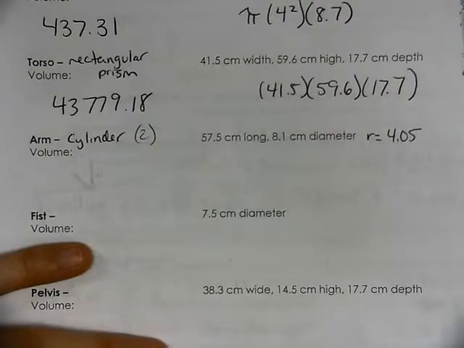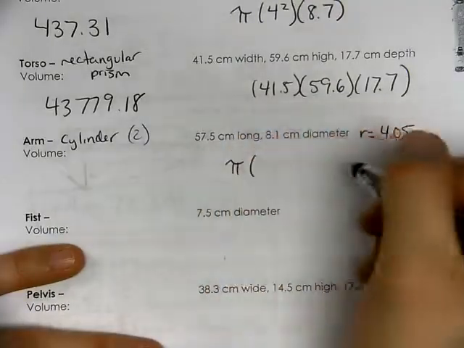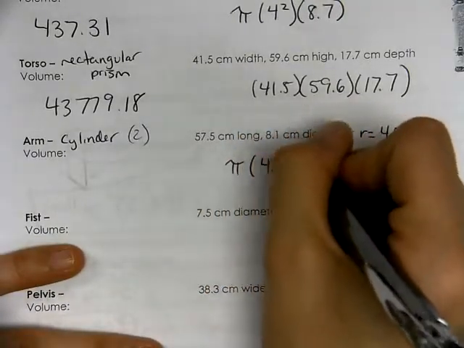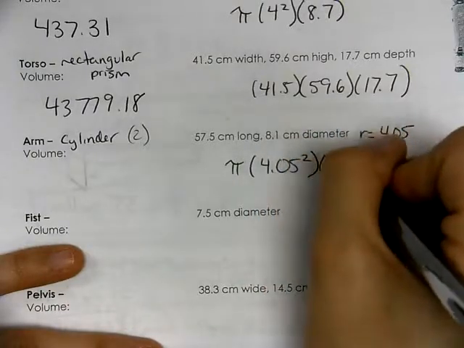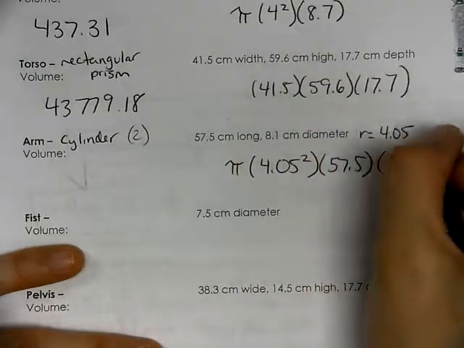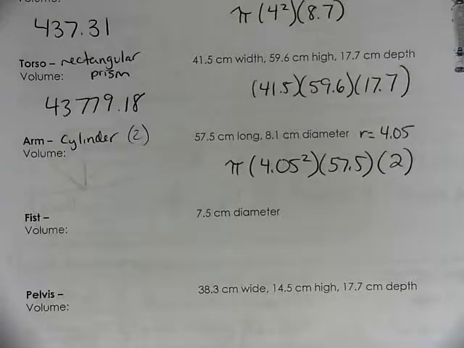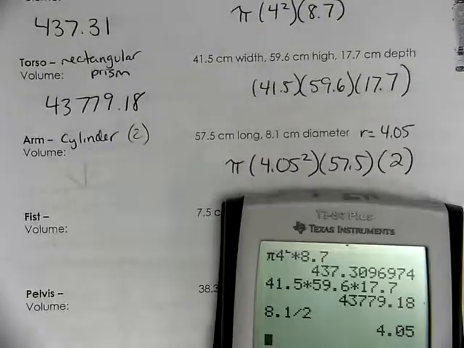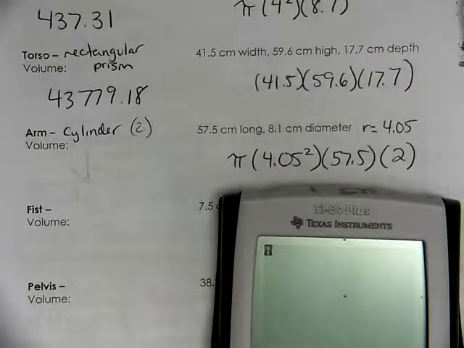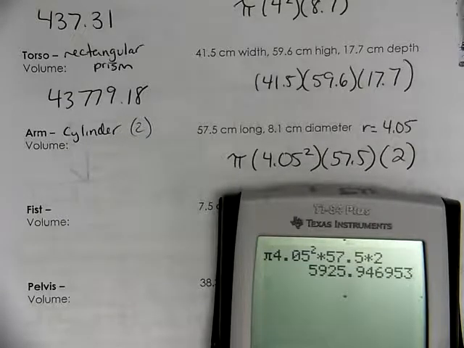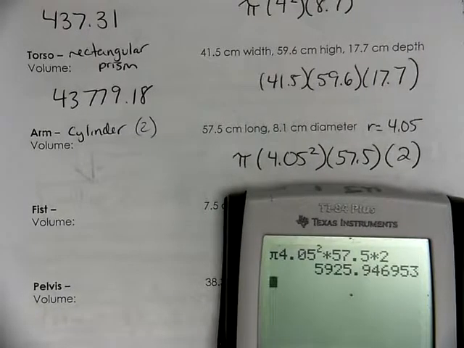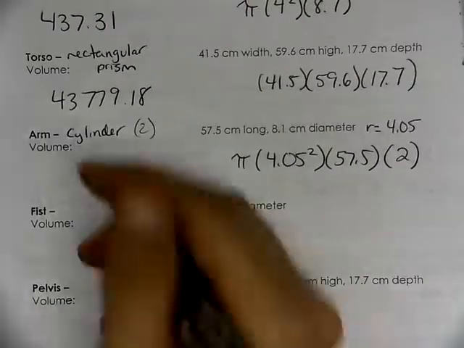So I'm going to do pi 4.05 squared times 57.5, but I'm going to multiply it by 2 because there's 2 arms. So pi 4.05 squared times 57.5 times 2. 5925.95.